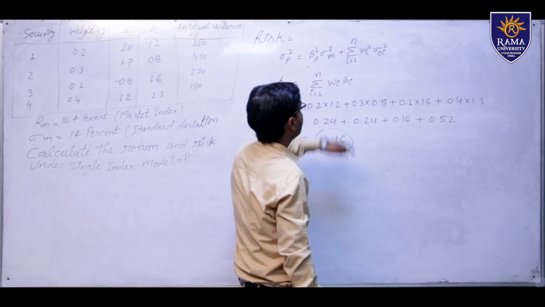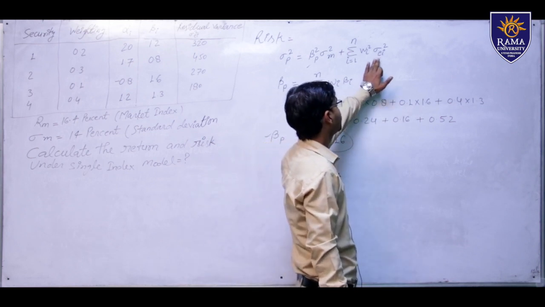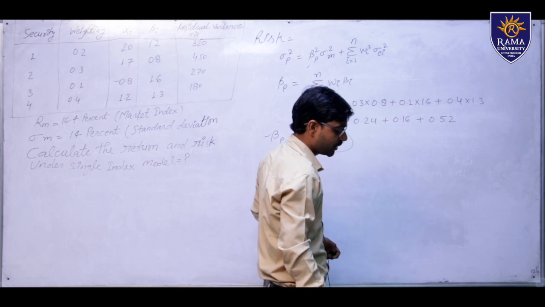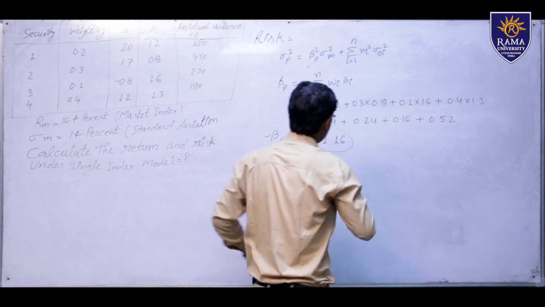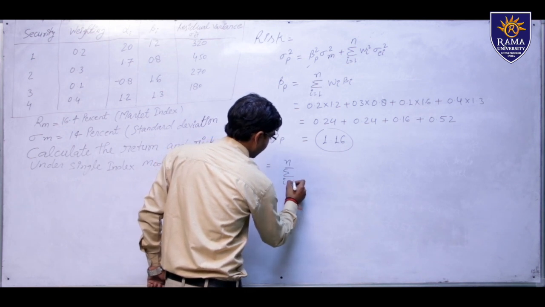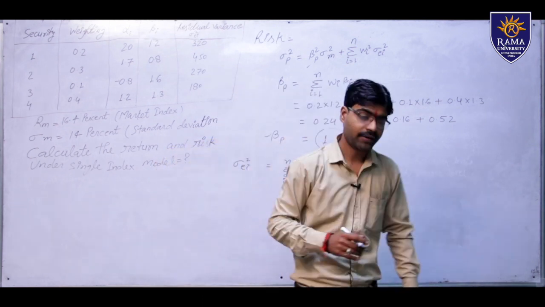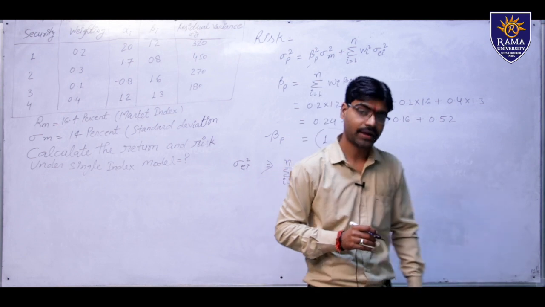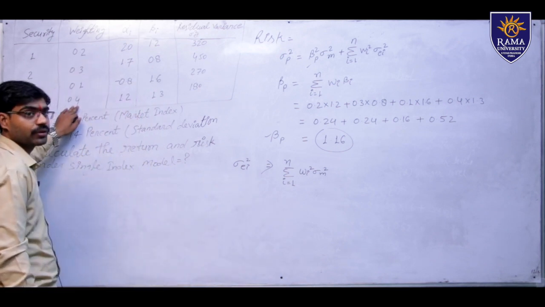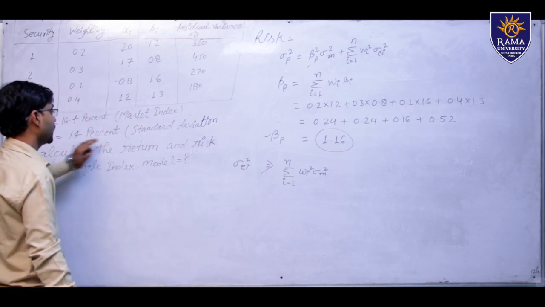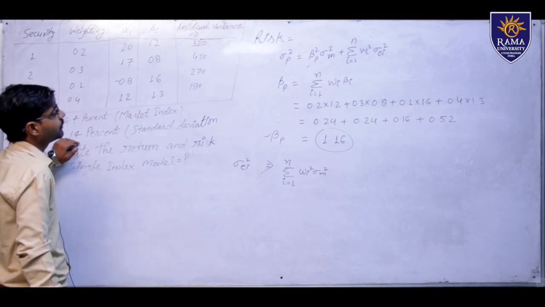Now we are going to calculate the residual variance. What is the formula of residual variance? The formula is the summation from i equal to 1 to n of weighting i square and sigma ei square. Weighting is 0.2, 0.3, 0.1, 0.4. Sigma m means standard deviation of market, that is 14%.